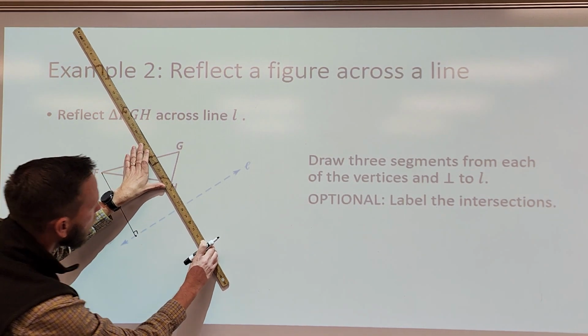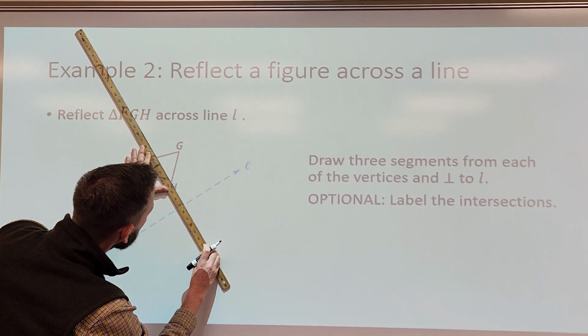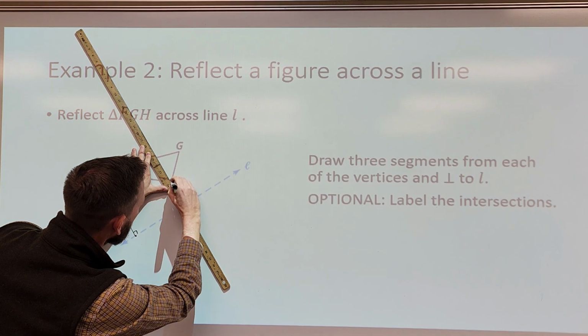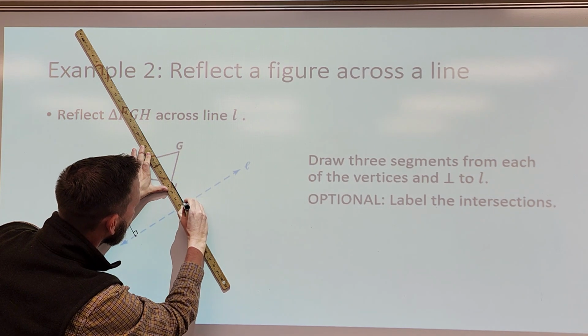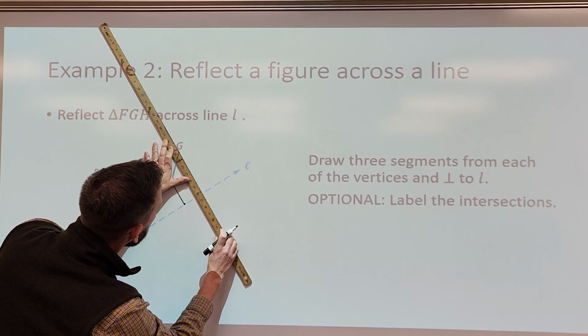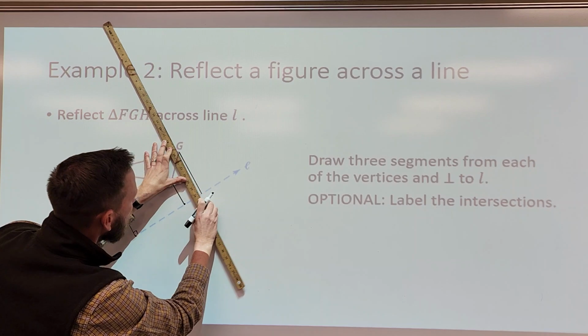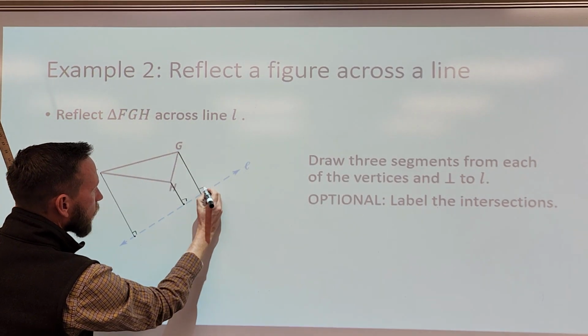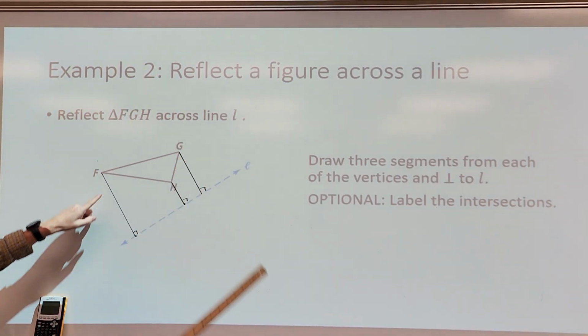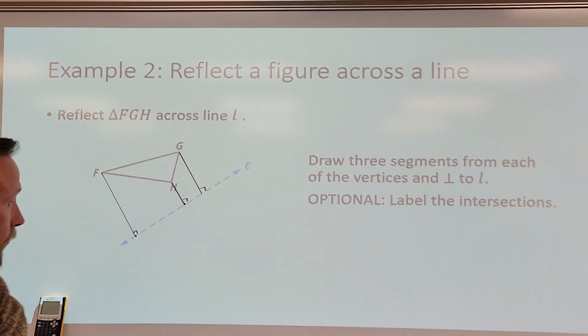All right? Now, if these segments are all perpendicular to the same line, then we know that those segments are going to be parallel to each other. So if you've drawn these, and you can say that these are right angles, these are right angles, these are right angles, then you know that these lines should be parallel to each other. That's huge.